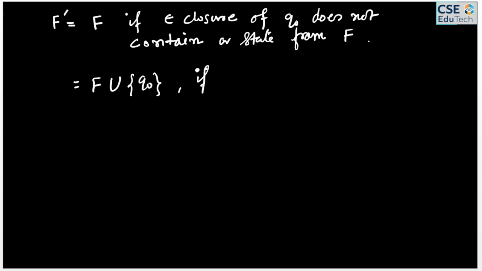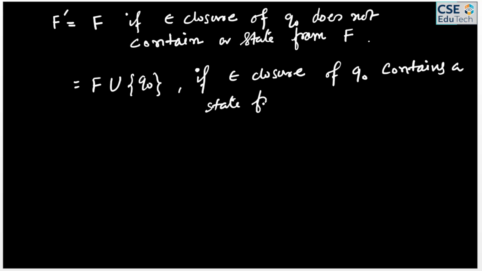That is, if the epsilon closure of Q naught contains a state from F, that means a final state. So an NFA with epsilon transitions can accept epsilon if the epsilon closure of Q naught contains a final state.